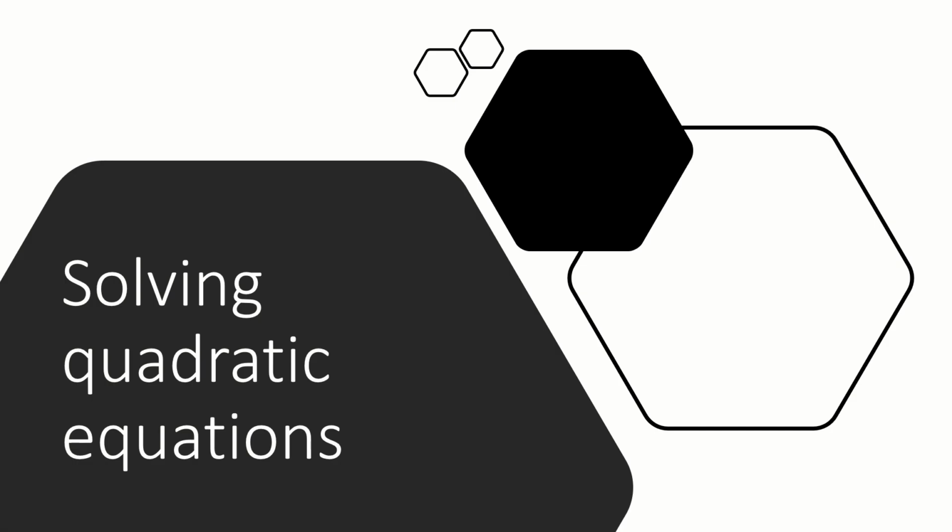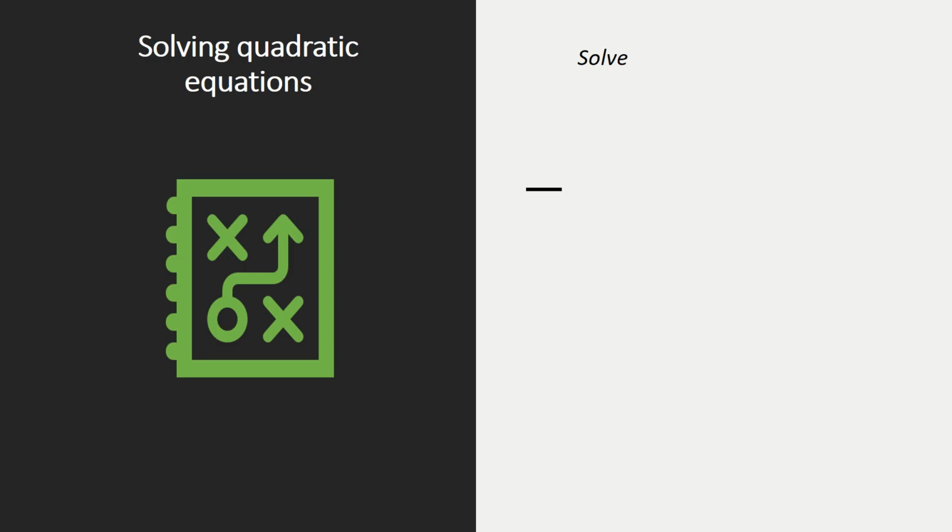Alright, so why do you need to know how to make the right hand side 0? You need to know this when you're going to solve quadratic equations. So for instance, you could get a question, x squared plus 2x plus 3 equals minus 2x.